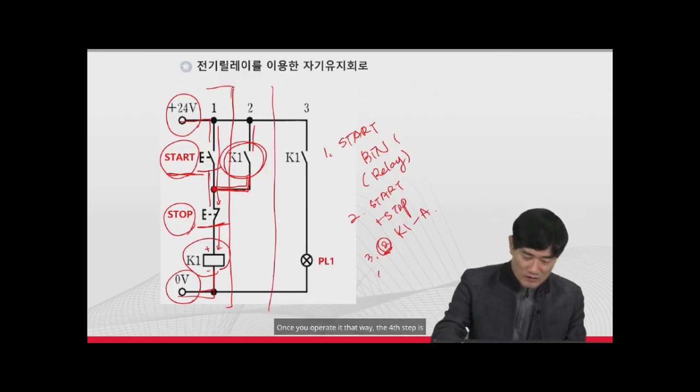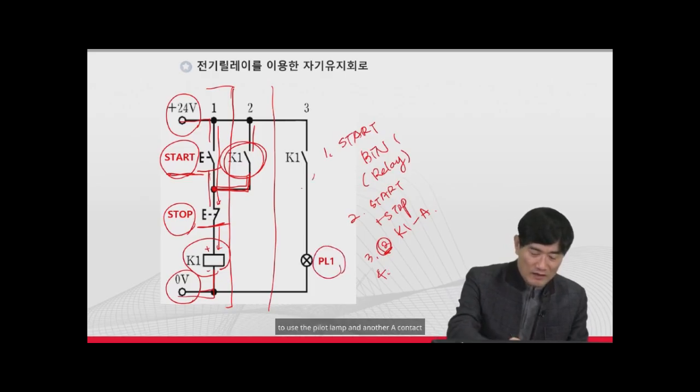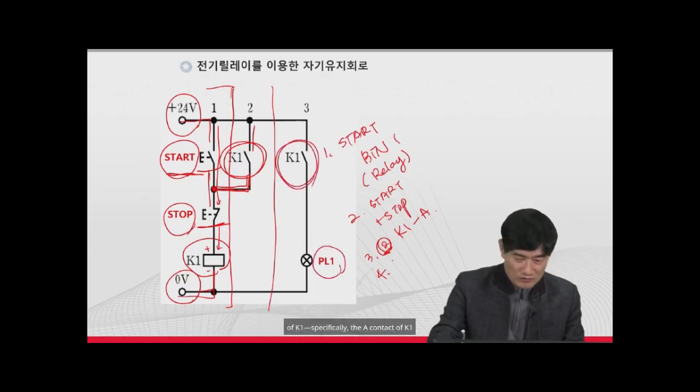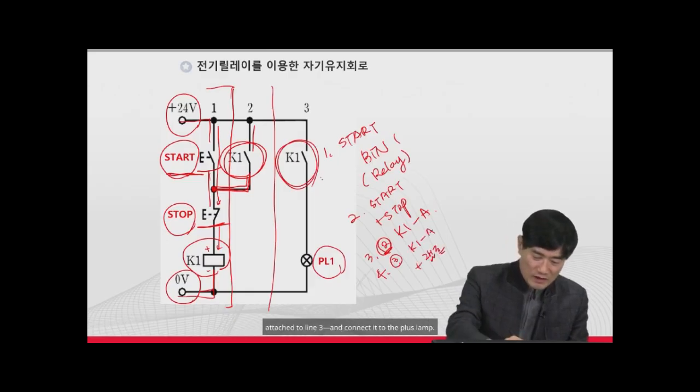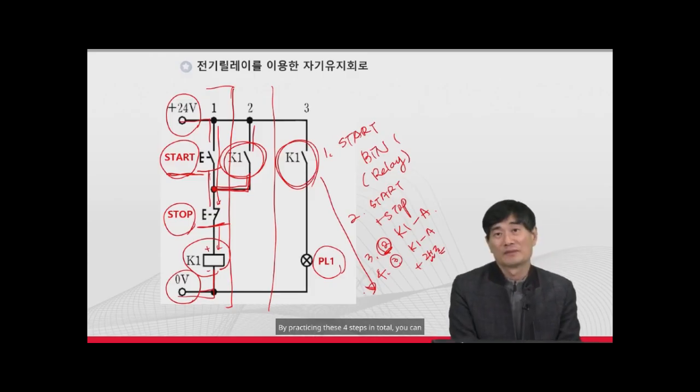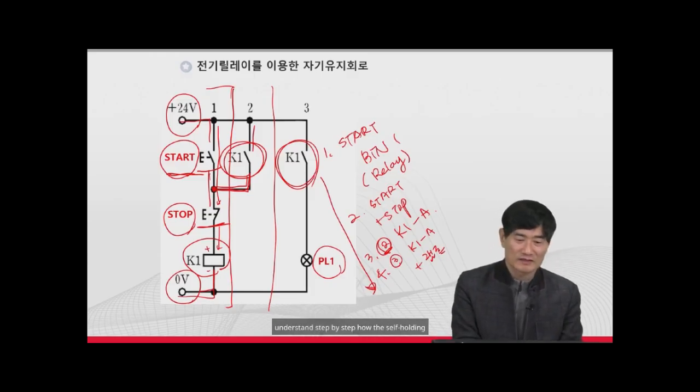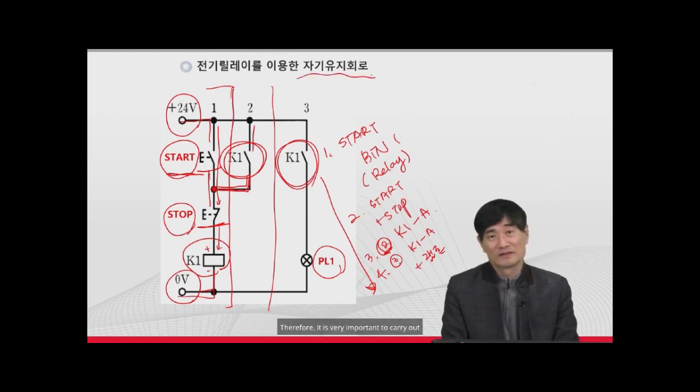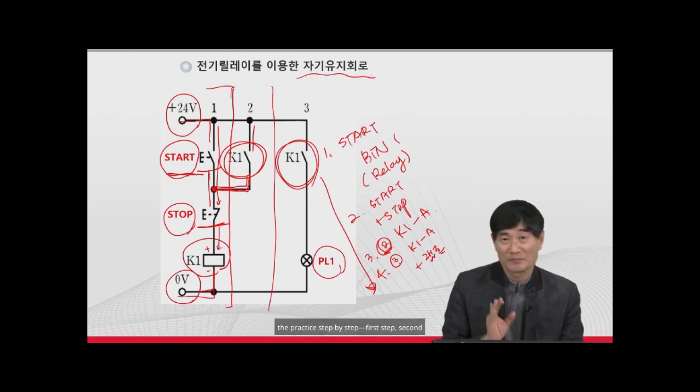Once you operate it that way, the fourth step is to use the pilot lamp and another A contact of K1, specifically the A contact of K1 attached to line 3, and connect it to the plus lamp. By practicing these 4 steps in total, you can understand step by step how the self-holding circuit works. Therefore, it is very important to carry out the practice step by step.